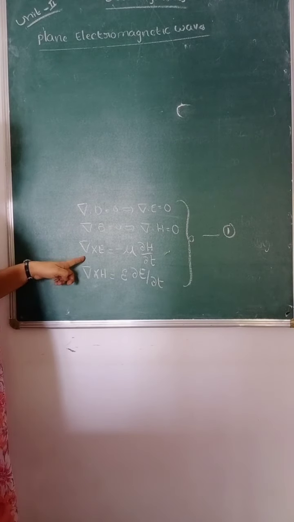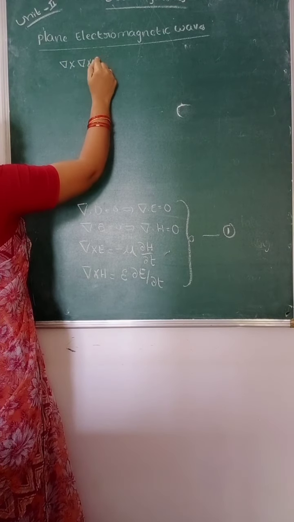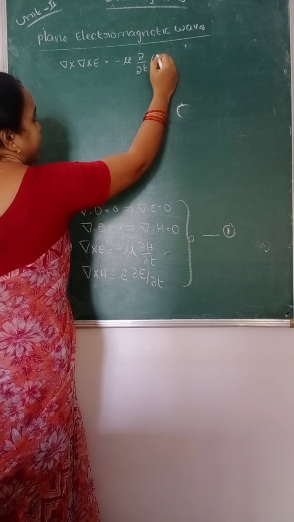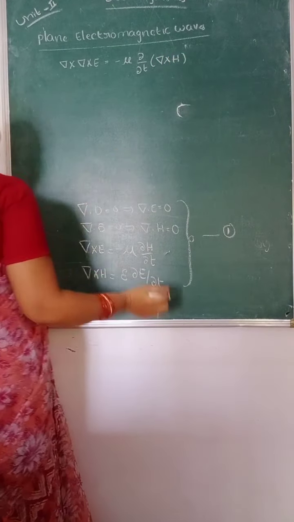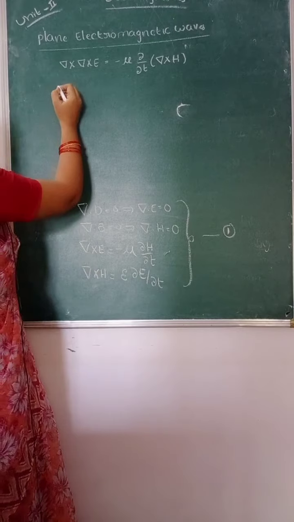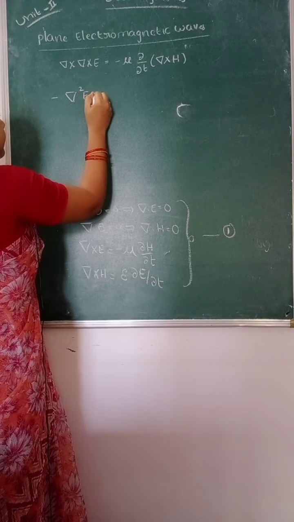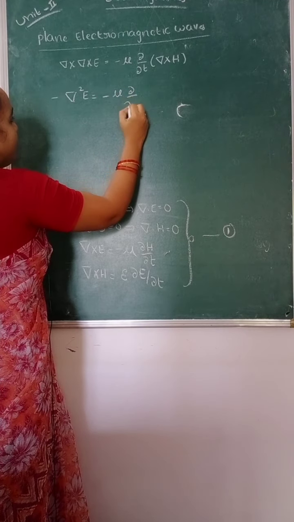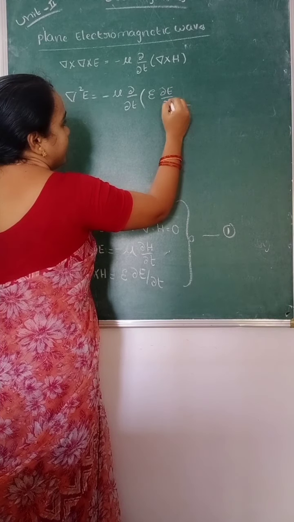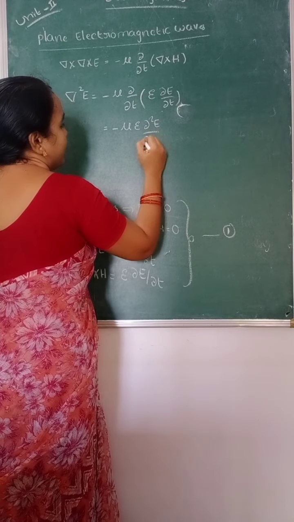Take the curl of the third equation, that is del cross del cross E is equal to minus mu dou by dou t of del cross H. Del cross del cross E is gradient of divergence of E minus del square E. Since divergence of E is equal to 0, this is simply minus del square E. Minus mu dou by dou t of del cross H, with del cross H equal to epsilon dou E by dou t, gives minus mu epsilon dou square E by dou t square.